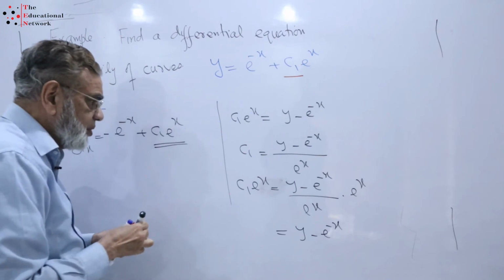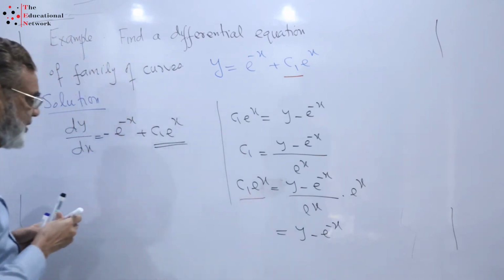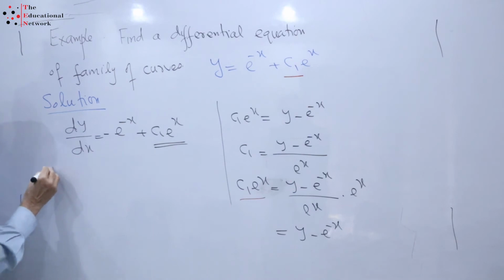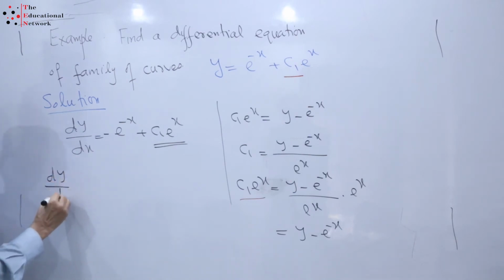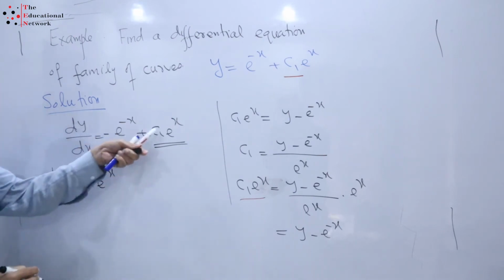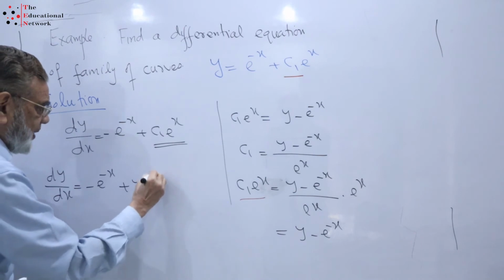I substitute the value of c1 e to the power x in my differential equation, and I can rewrite it. I can get here the value of dy by dx. So my dy by dx is equal to e to the power minus x plus the value of c1 e to the power x, that is plus y minus e to the power minus x.